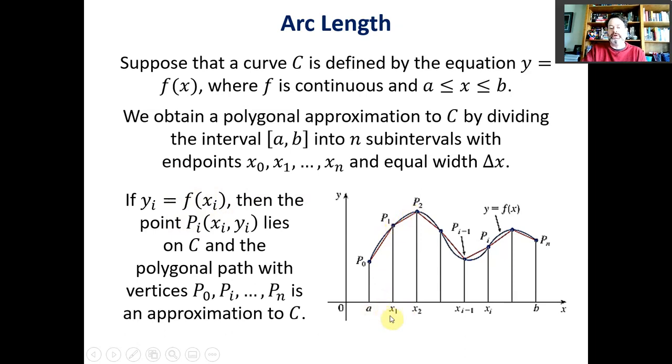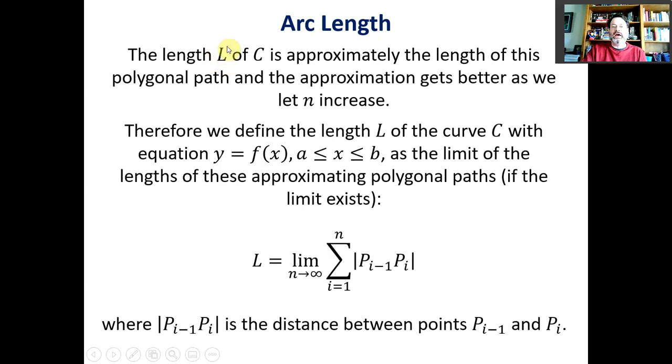So for example, here's x1. P1 has x1 as its x coordinate. Its y coordinate is f of x1, whatever it happens to be. So we're joining up points, and then we're going to talk about how to find the lengths of these line segments. And it turns out it works out really nice.